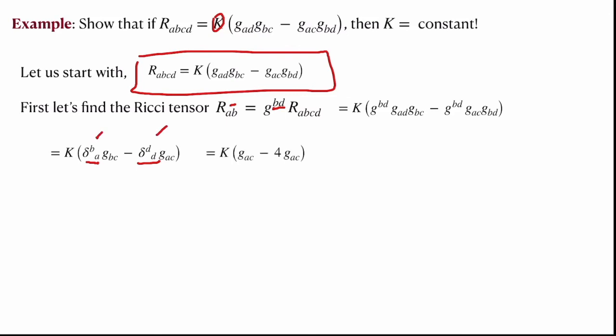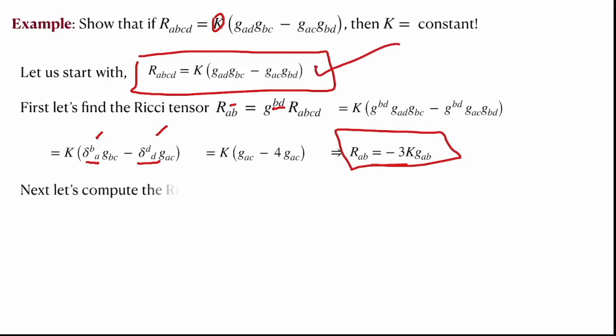So what you have is essentially g_AC minus 4 into g_AC. The Ricci tensor is essentially minus 3 times k into g_AB. So that is the expression for the Ricci tensor if you have the Riemann tensor given by this expression. Now we compute the Ricci scalar.